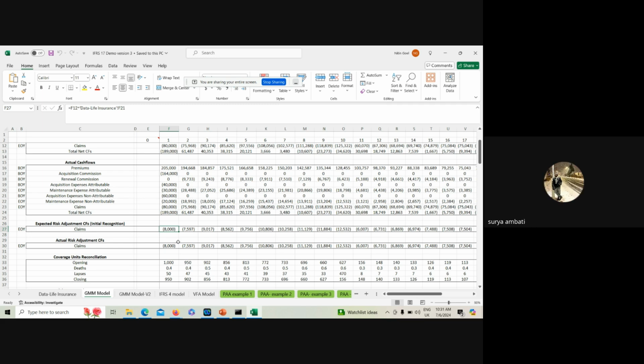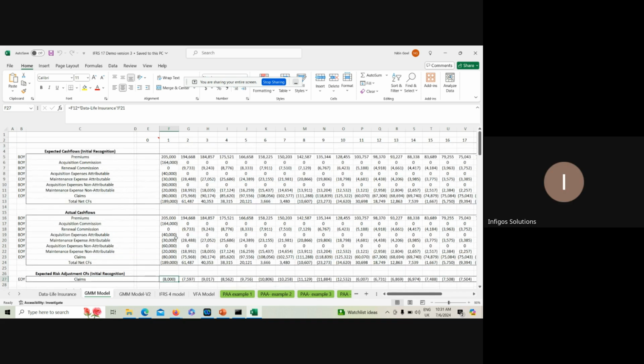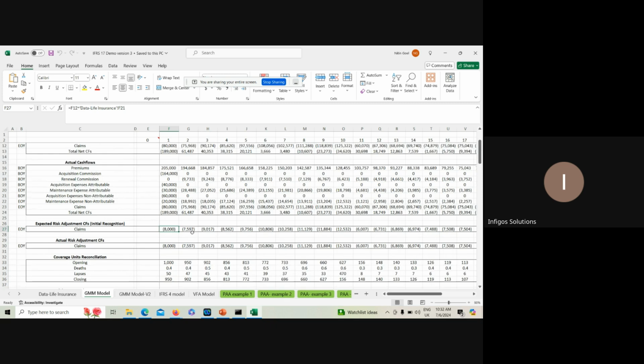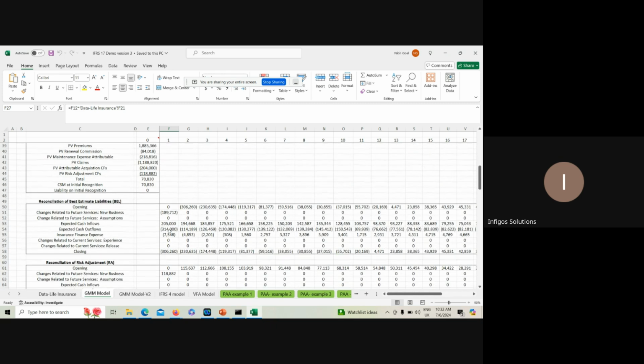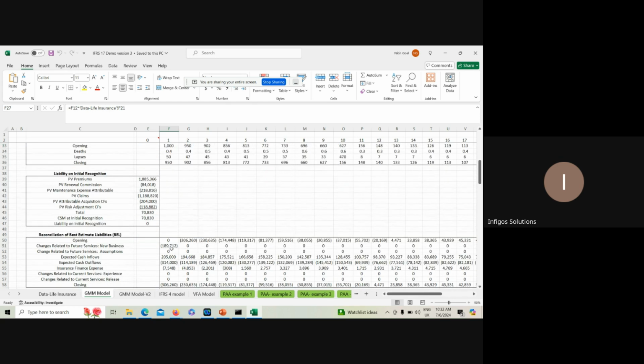So coverage unit, expected cash flow, actual cash flow, and then we have best estimate of liability. Before we go into that, we will calculate the present value of our cash flow: premium, renewal commission, expense attributable, and then claims, present value of acquisition which is attributable, and then risk adjustment.